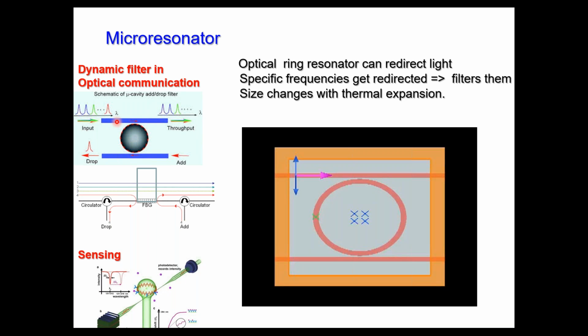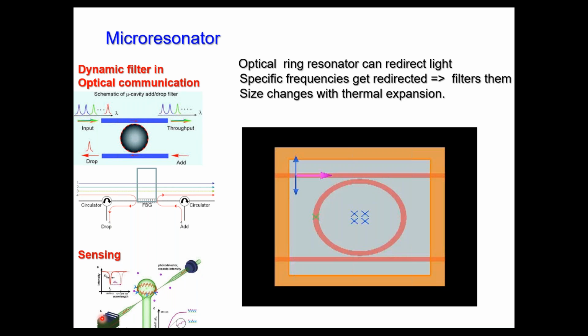You can drop a particular lambda, because this lambda will be coupled into the sphere depending on the coupling conditions provided. You can also add another channel from the second fiber, and it can be added to the original first fiber. So the function of an add drop multiplexer can be very well performed using a microsphere and optical fiber combination.